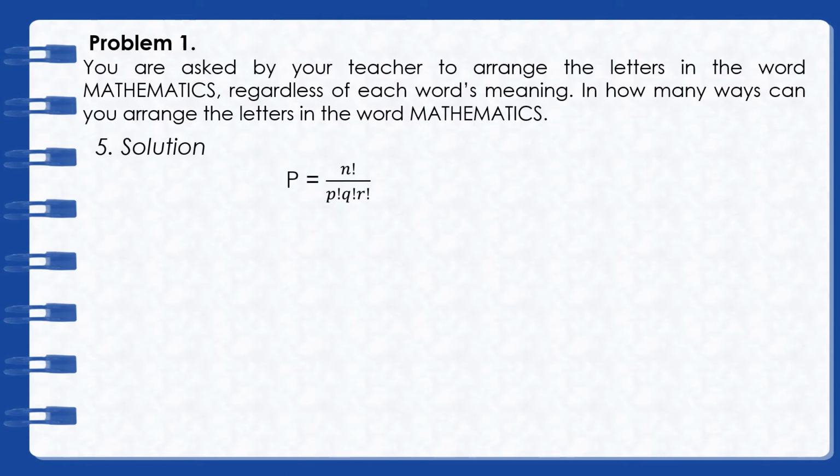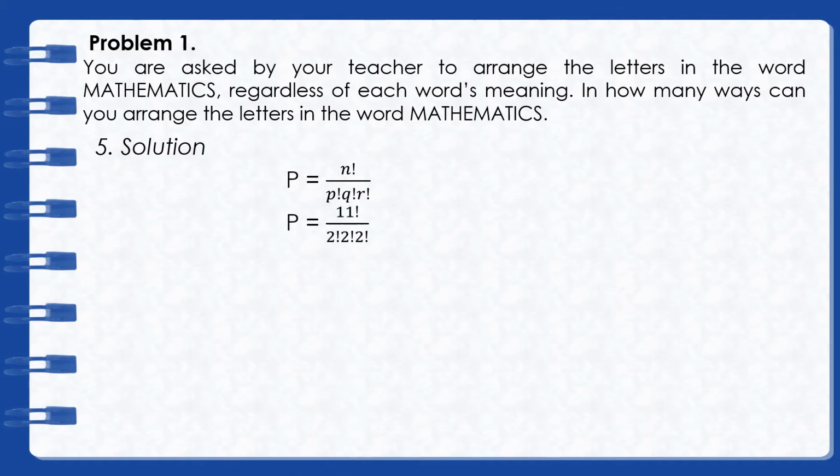Again, we will use the formula of permutation with identical objects or permutation with indistinguishable items. So we have here permutation is equal to n factorial over p factorial multiplied by q factorial multiplied by r factorial. So the value of n here is 11 because the word mathematics is composed of 11 letters.